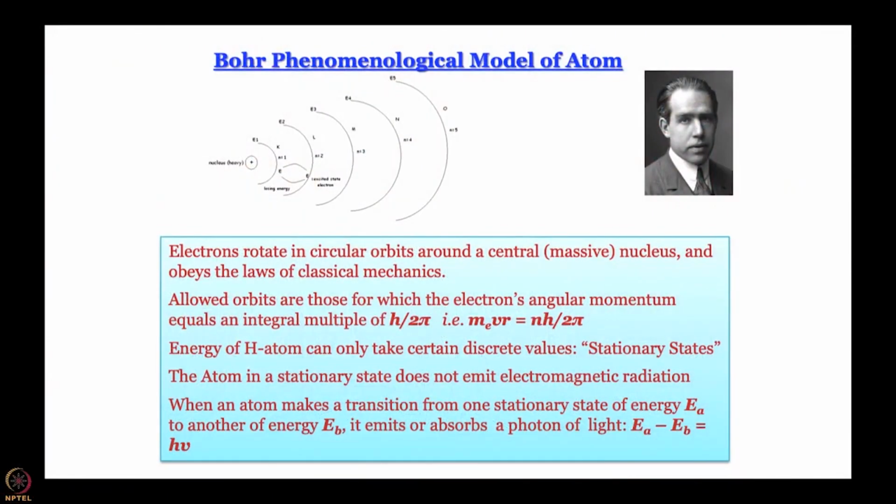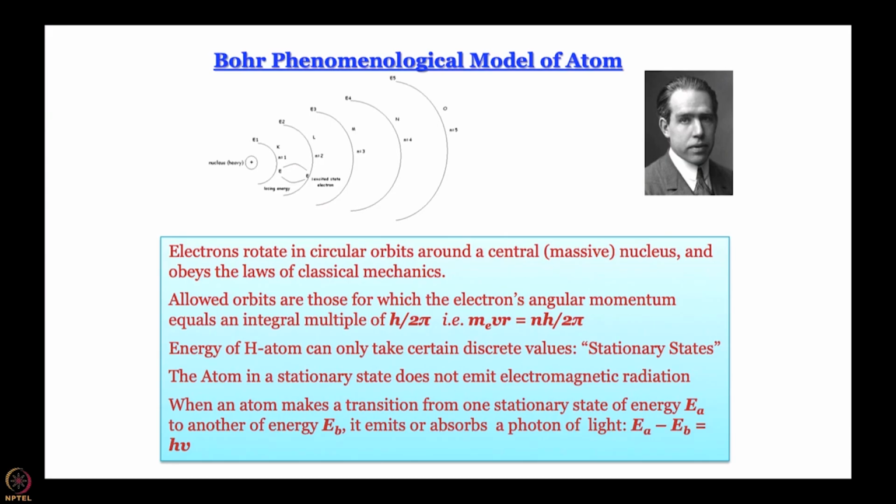The only difference is that, remember, this is a phenomenological model. It is a model that was proposed to explain experimental results, and this model involves the electron residing in certain orbits. So, what Bohr said essentially is that the electron can rotate in circular orbits only for certain values of radius.